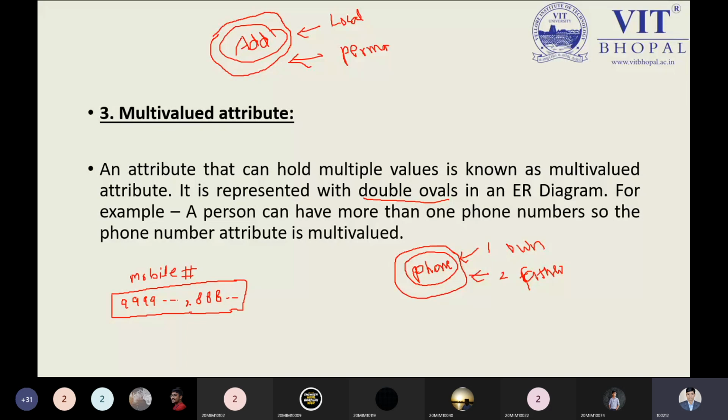Multi-valued means I'm keeping multiple data. This is a simple thing we have to keep in mind: in multi-valued attributes, we are putting multiple values.